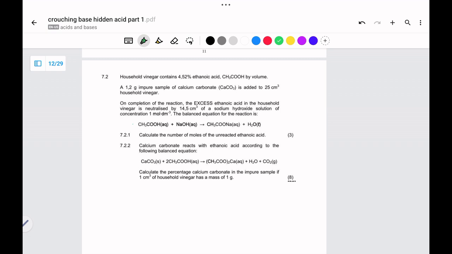Calculate the number of moles of unreacted ethanoic acid. Before I get into the next part, let's just go over what we know so far. So let's change color.